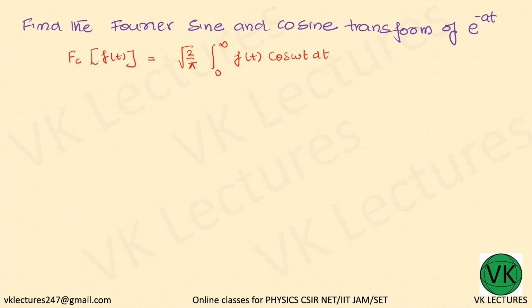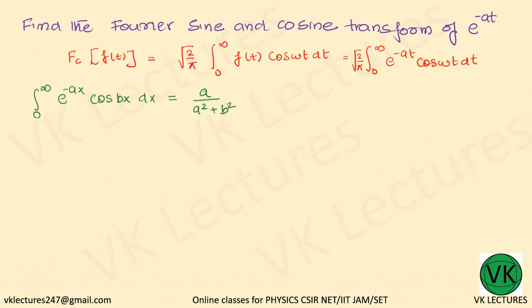So that is root of 2 by pi integral from 0 to infinity of e to the power minus at cos omega t dt. And for doing this we have the formula: integral from 0 to infinity e to the power minus ax cos bx dx equals a, the coefficient in e to the power minus ax, divided by a square plus b square.